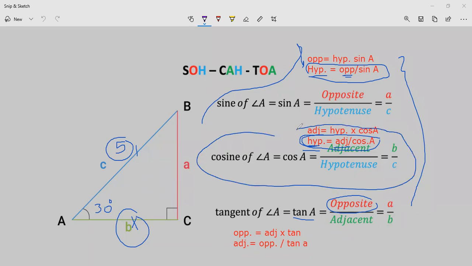Each rule has 3 rules, but which rule exactly do I need to use from it? The rule which gives you the value of the adjacent. So adjacent equals hypotenuse multiply cosine. That's it. That's very easy, I think. Now to find the adjacent, I use the calculator. I write adjacent equals hypotenuse multiply cosine, hypotenuse 5, multiply cosine of 30.